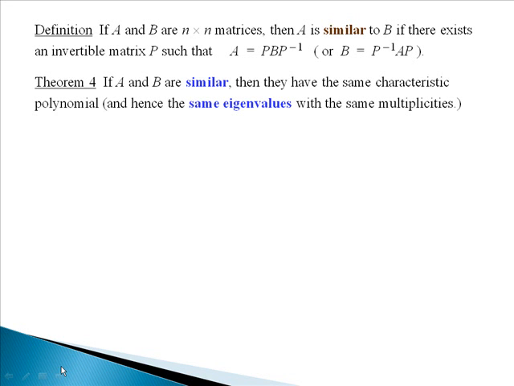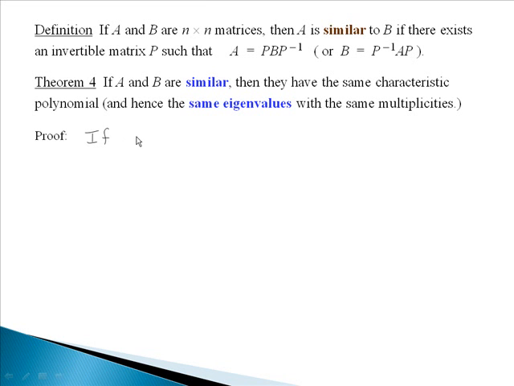If A and B are similar, so they have that matrix P such that that relationship holds, then they have the same characteristic polynomial, and hence the same eigenvalues with the same multiplicities.